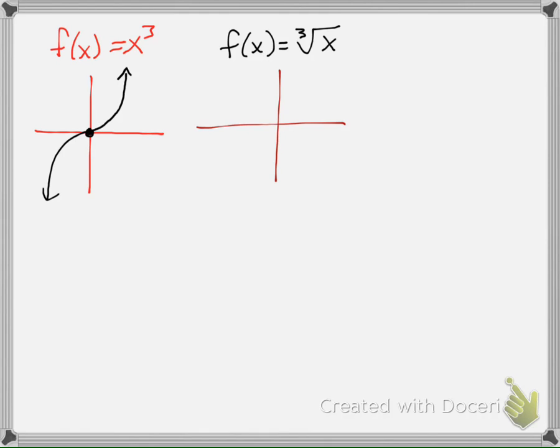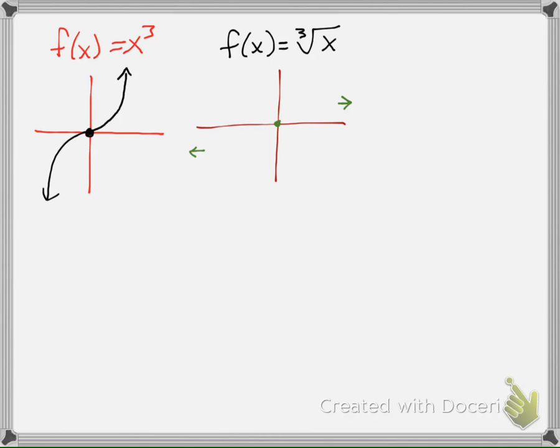For this one, the origin is still going to be the origin, the center point, but instead of pointing up and pointing down, it points right and left. So on the right side, it's above the x-axis, and when it points left, it's under the x-axis.